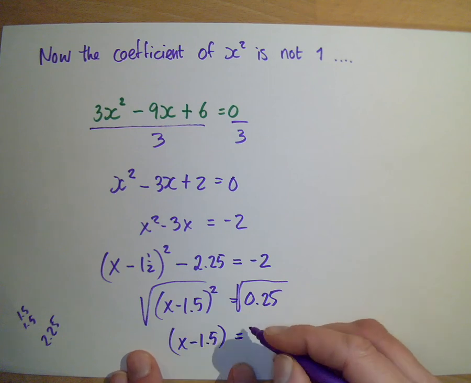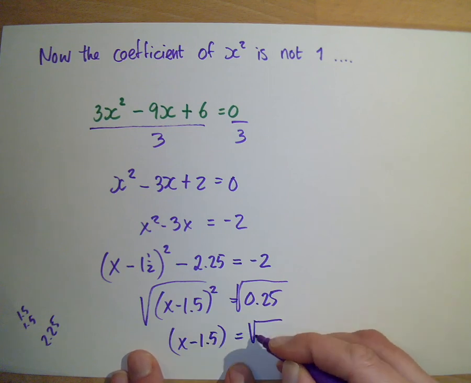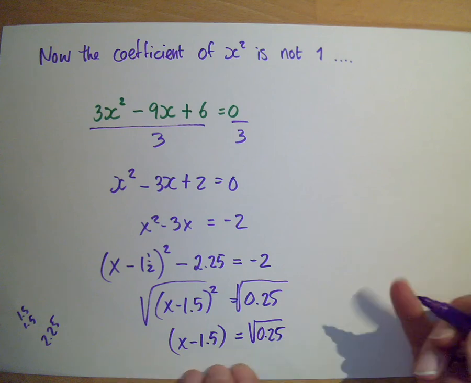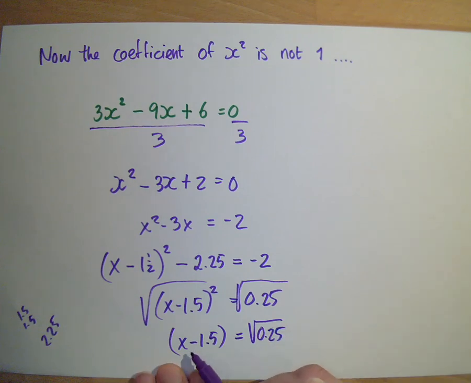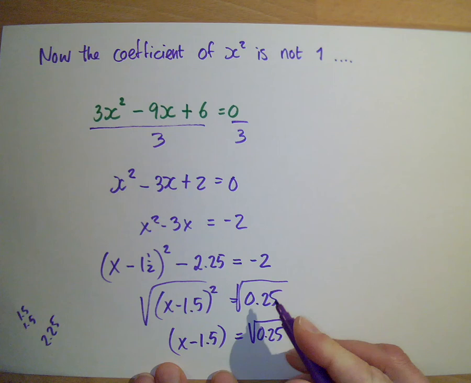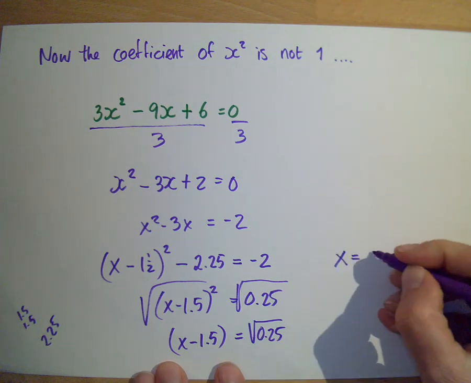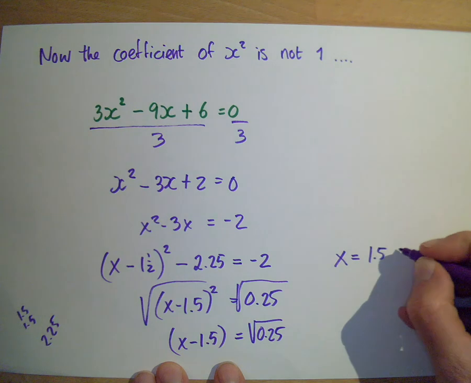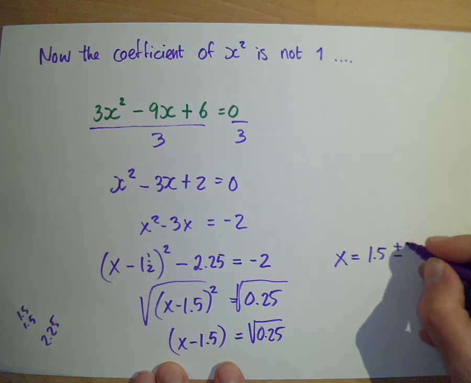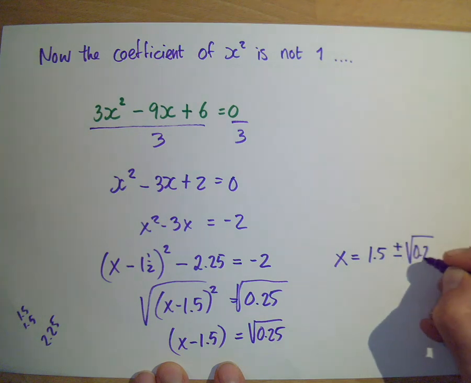That, and the square root of 0.25, I'm not going to work that out now. Also not going to take my calculator. To get x by itself, I add 1.5 to both sides. So 1.5 plus or minus the square root of 0.25.